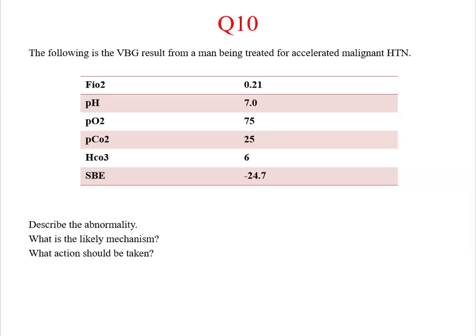I'm getting many answers for this. So metabolic acidosis, metabolic and respiratory acidosis. What is the major abnormality that you're seeing? It is a VBG. A lot of values have been given. So what abnormality are you seeing in this case?